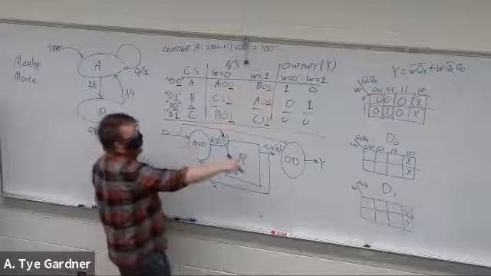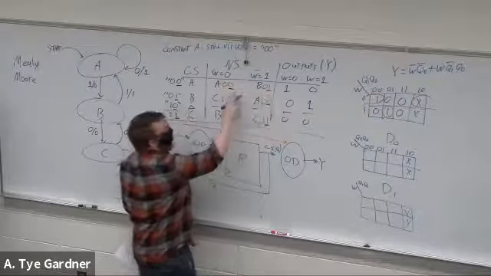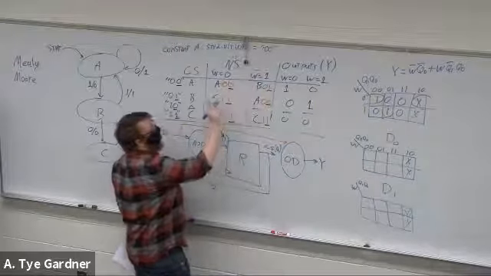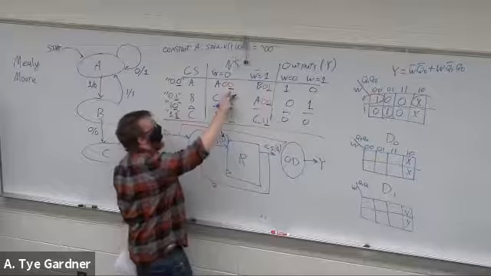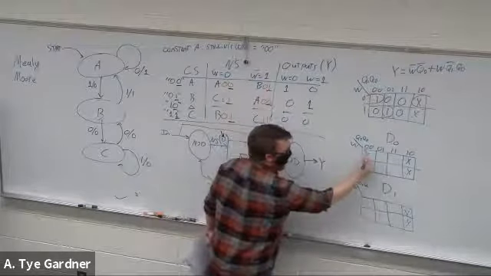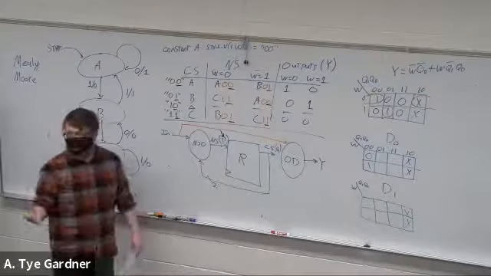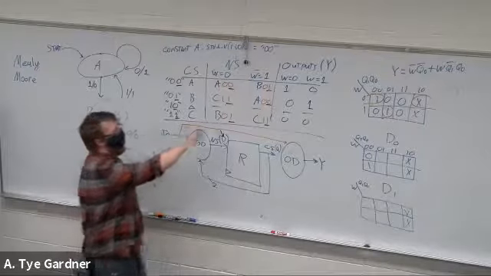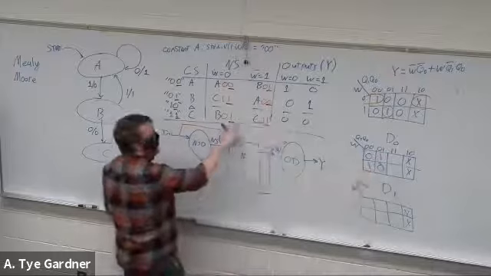Because column 1 is 0, 1. In other words, D is supposed to be 0 if W is 0, and 1 if W is 1. And now I'm just going to fill in those K-maps for the rest of these, right? 1, 0. 1, 1.